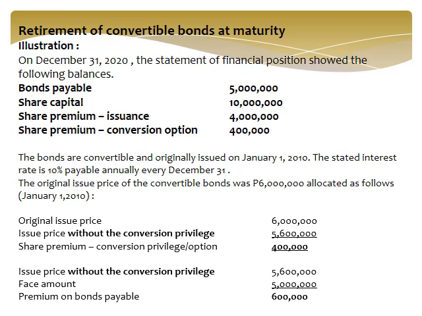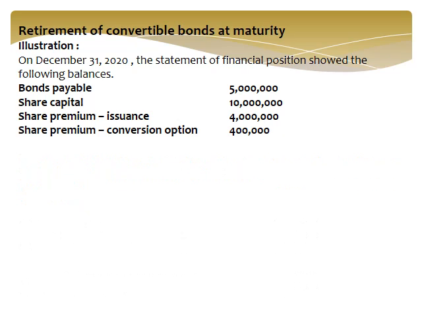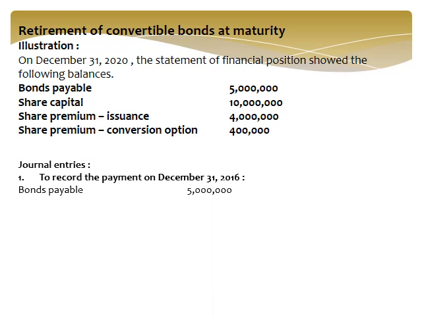Now, on December 31, 2020, i-retire na yun. So, journal entries to record the payment on December 31, 2020, babayaran ni si bonds payable. So, bonds payable 5 million. Kasi nga, diba, in-issue siya January 1, 2010. Mature siya December 31, 2020. So, kailangan na siyang bayaran. So, bonds payable 5 million, debit.